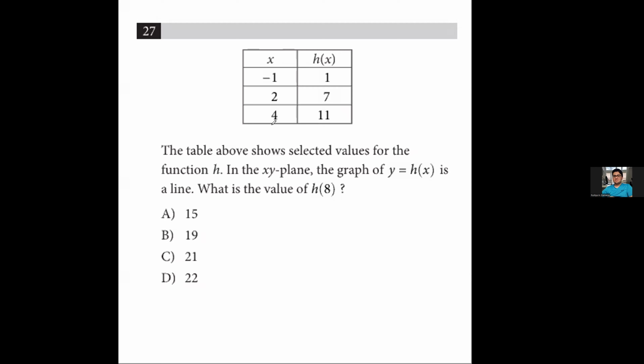What is the value of h of 8? Well, when x increases by 2, h of x increases by 4. So in this case, it's double what the increase in x is. So what is the value of h of 8? Well, if we start at 4 and we have to go to 8, that's plus 4. So that means that this would just be plus 8. So 11 plus 8 is 19. So the value of h of 8 is just 19.